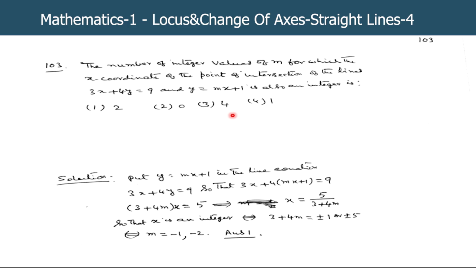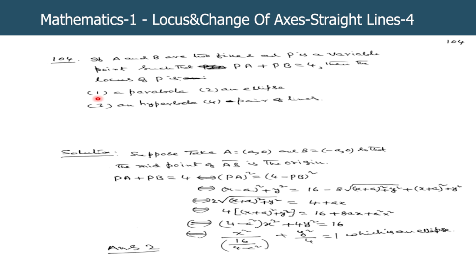Because m equals minus 1 means x coordinate is minus 5. m equals minus 2 means x coordinate is minus 1. So the correct option is option number 1.